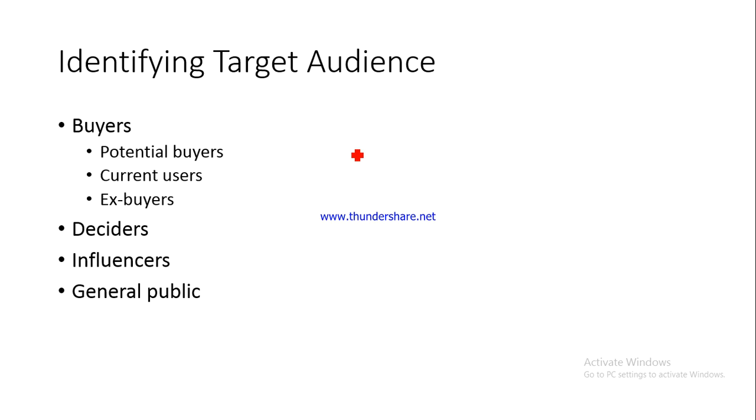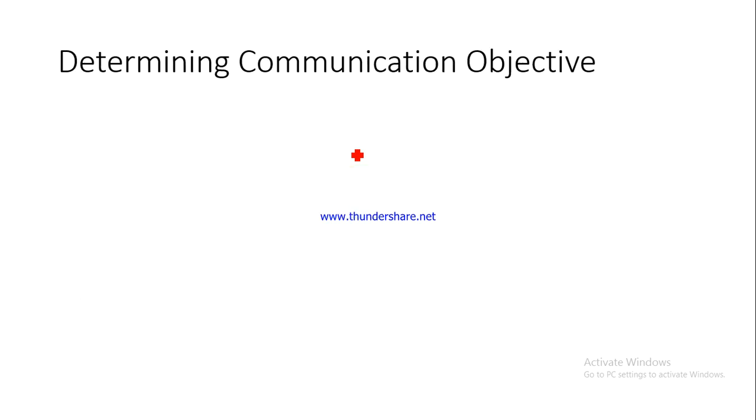So here the target audience is not a particular user or a buyer, because in any case the general public is not going to buy. You do not go and buy Intel. The target audience is the general public, right? Now these could be individuals, buyers, deciders, influencers, while the general public can also be there. So we are also possibly targeting the whole public.